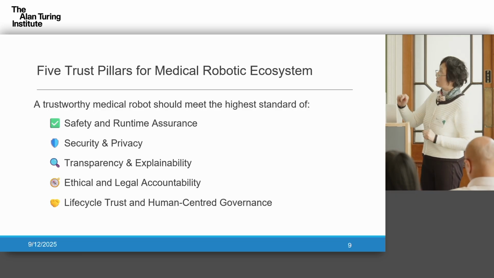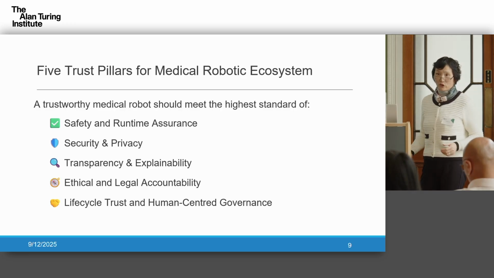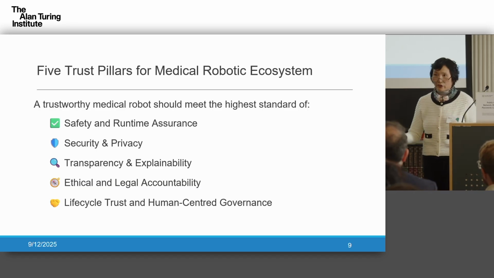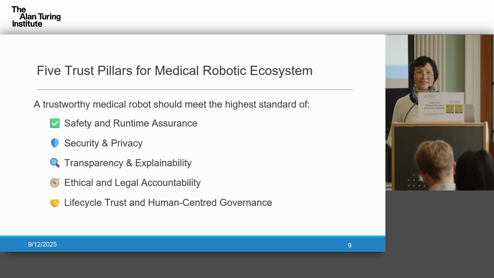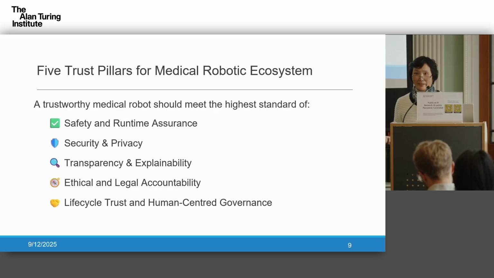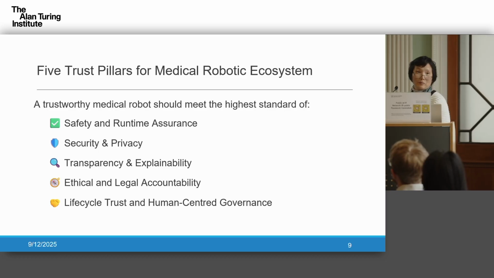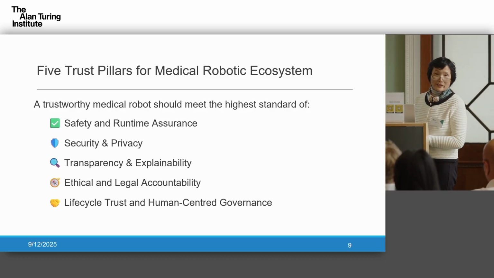And the second, security and privacy, we need to consider. For security, we consider intrusion because they link to the internet, the cloud, and the infrastructure. And also privacy, because the patient is a human. The data set is personal information, which we particularly need to protect from cyber intrusion or cyber risk.